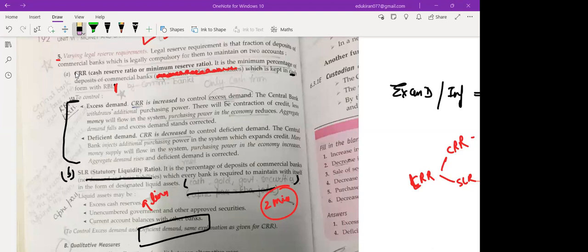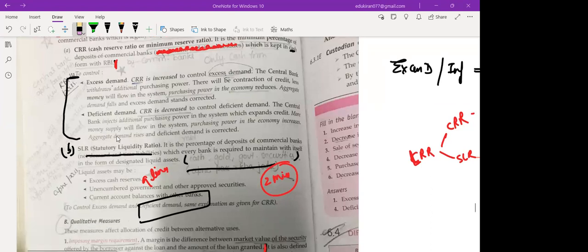Can you tell me what is the SLR? Ma'am, SLR is like, for example, you have 1,000 rupees.